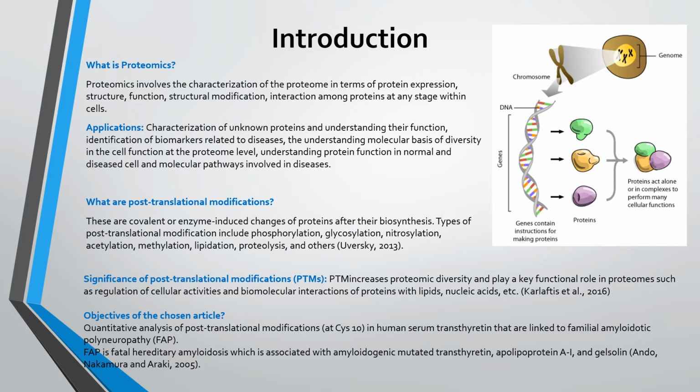FAP is a hereditary amyloidosis, which is associated with amyloidogenic mutated transthyretin, apolipoprotein A1, and gelsolin. This study particularly probes the post-translational modifications of TTR at cysteine that are believed to play a crucial role in the onset and progression of amyloidosis.